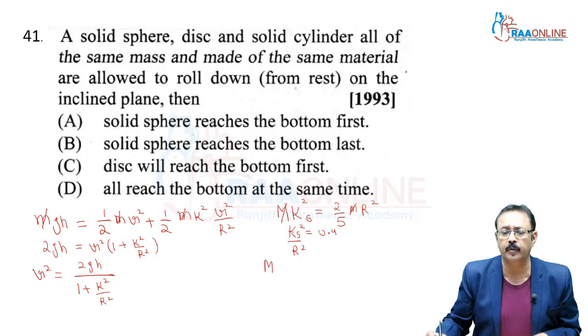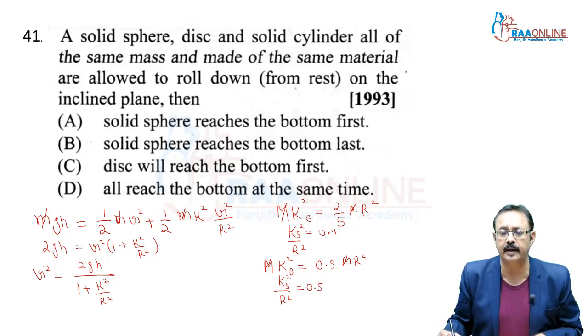Now we are going to calculate for disk, m k square. For disk it is m r square by 2, means 0.5 m r square. So for disk we are getting kd square by r square is equal to 0.5.